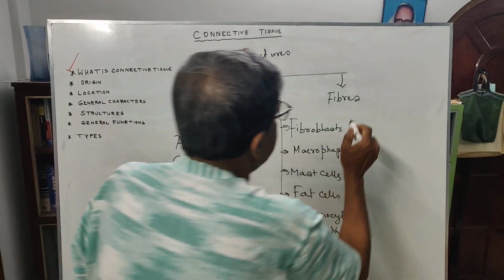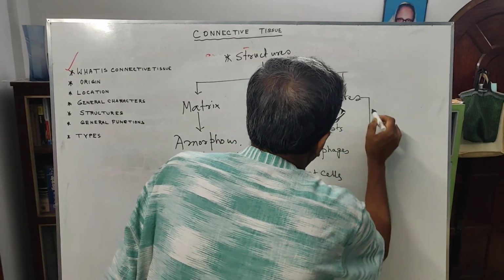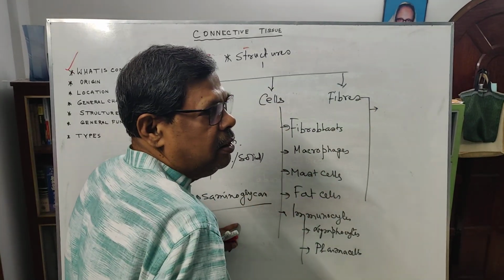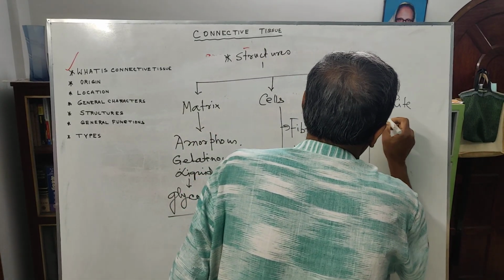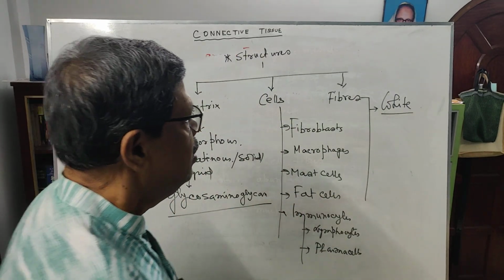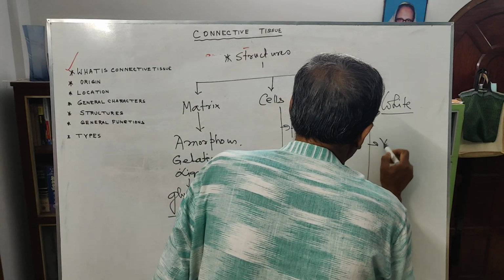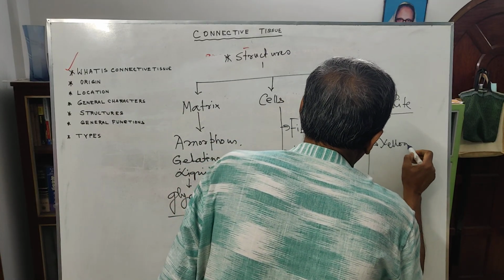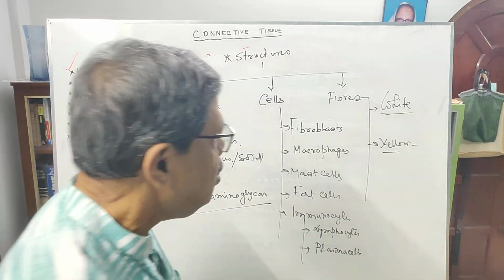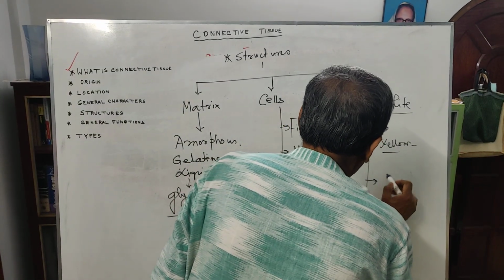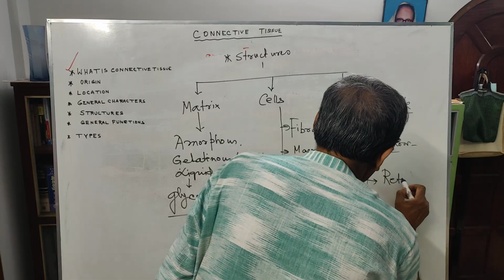Next, fibers. Three types of fibers: white fibers, that is collagen fibers; yellow fibers, which may be called elastic fibers; and reticular fibers.